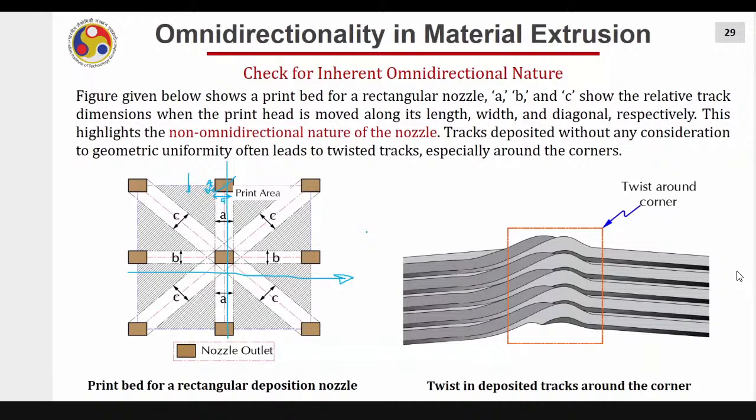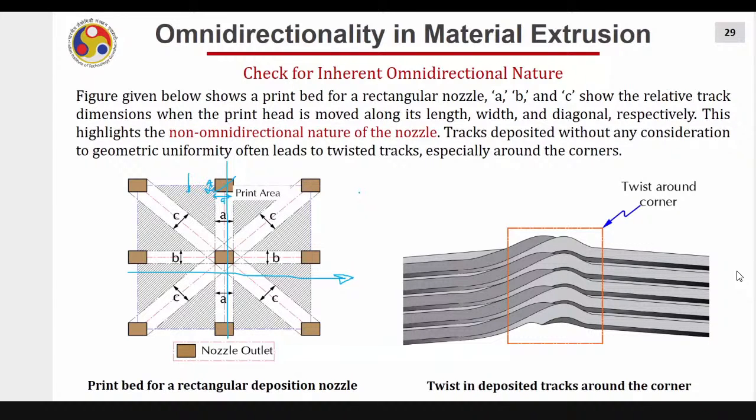So the process is not omnidirectional. Let us apply our definition here. If you move in any direction, it depends. In which direction you are moving, you are getting different results, not the same results. Hence, the process is not omnidirectional.